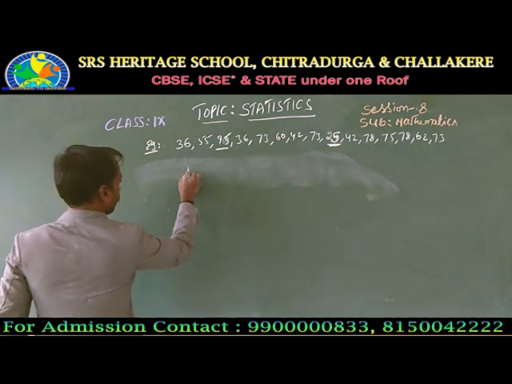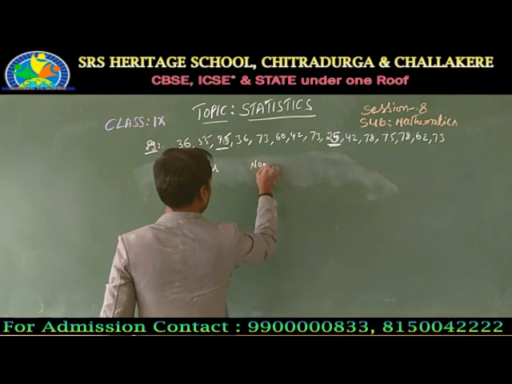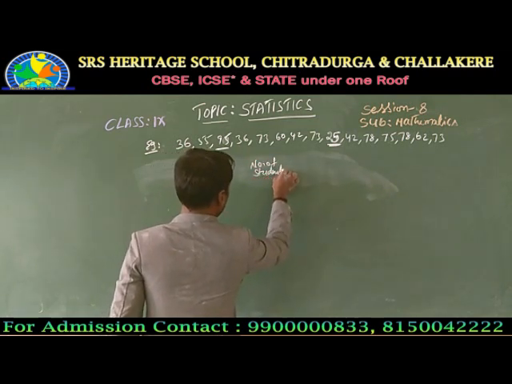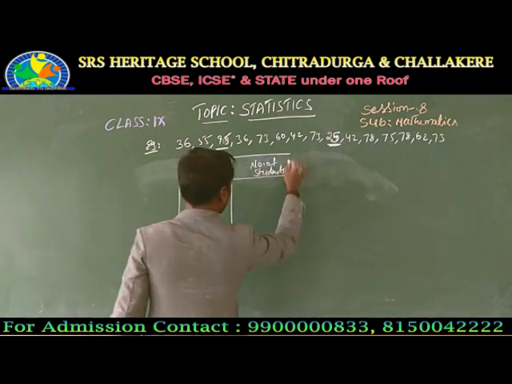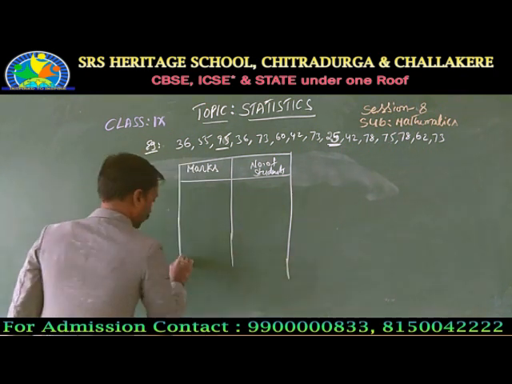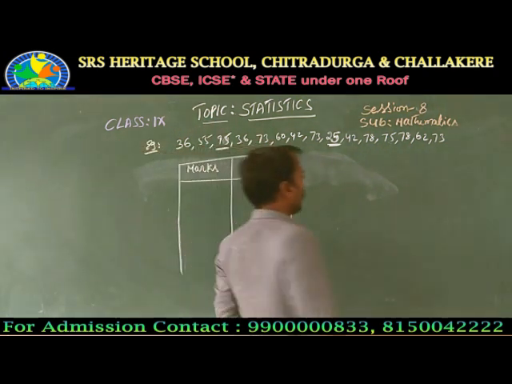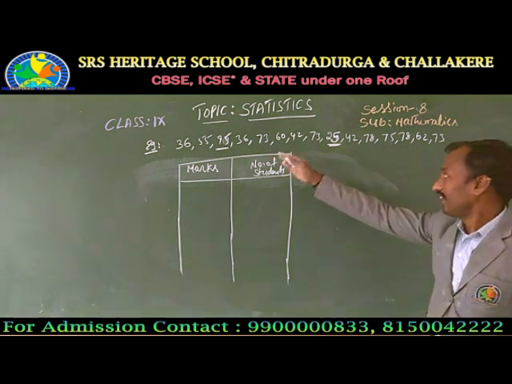Marks and number of students. Make it in a tabular form. In the raw data, different marks are given, so different numbers are there.